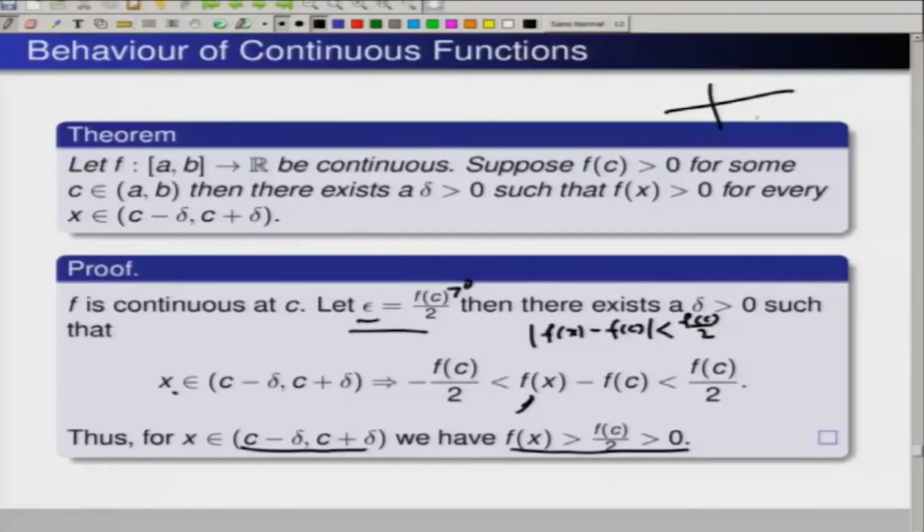For example, if I have this continuous function, it is 0 here, but no other value in that neighborhood is 0. But if it is positive, then definitely we are going to get a neighborhood in which it is positive, or if negative, a neighborhood in which f is negative.